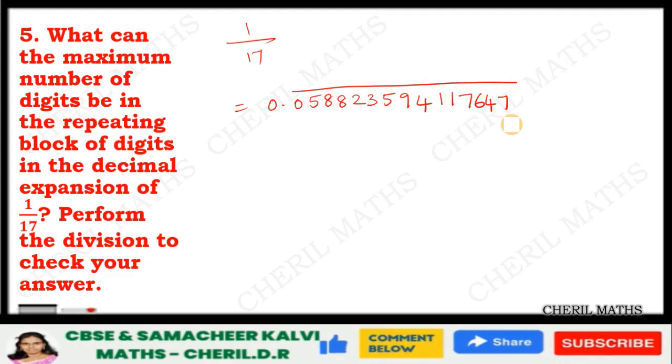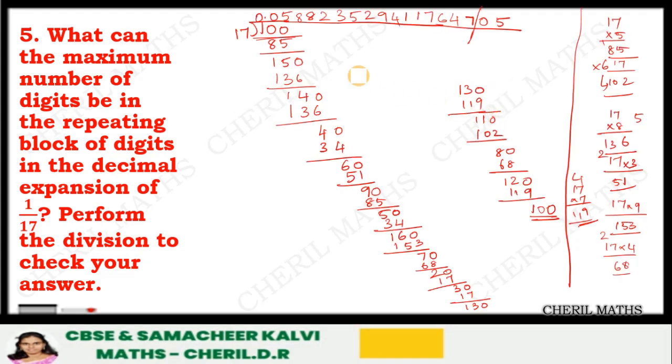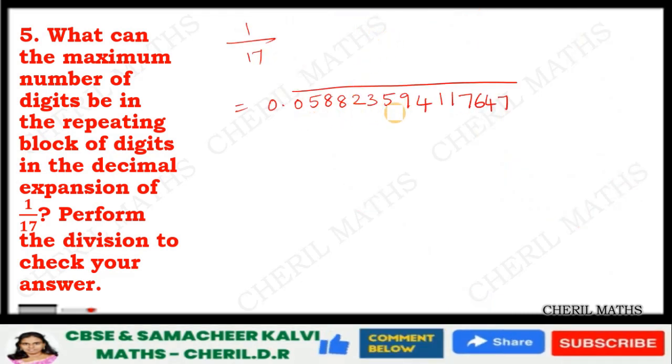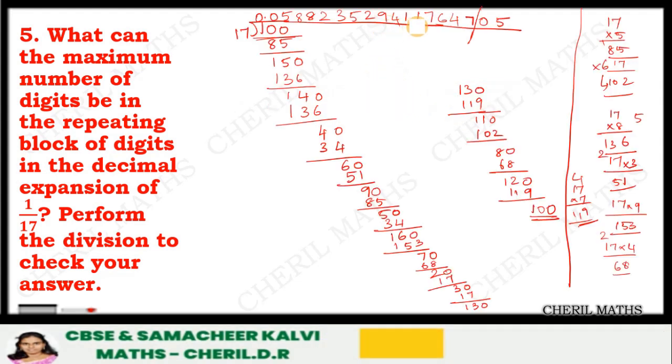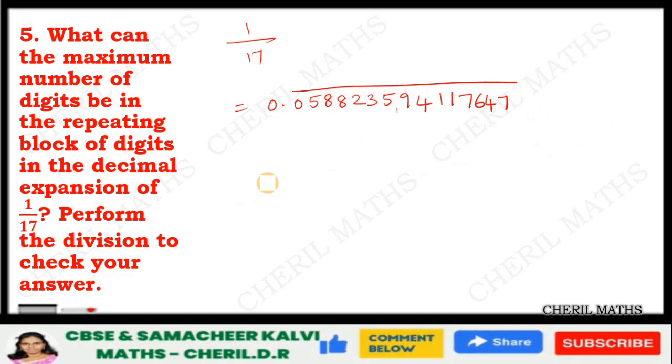All this will come under the bar. So you can even check here: 0.0588235294117647, and then after which it's again going to repeat. So this is the answer for 1 divided by 17.